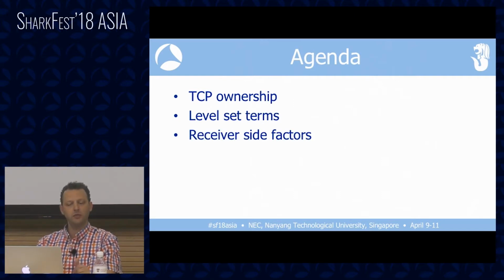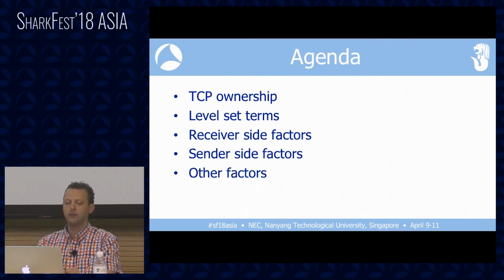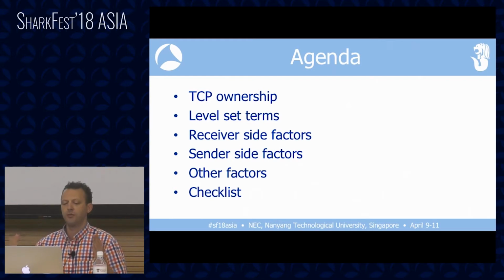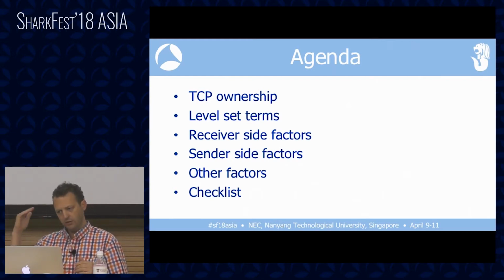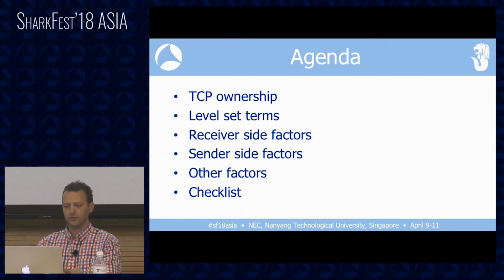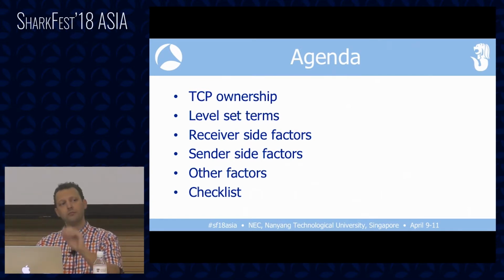Receive side factors we'll touch on, the sender side factors, a handful of other things, miscellaneous. And at the end, I'll give you really a checklist. If you're trying to understand what the problem is with throughput, here's a checklist you can go down and things you can check.